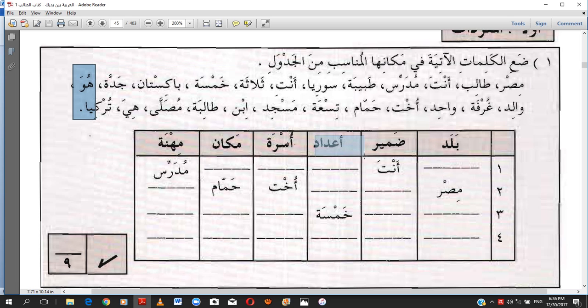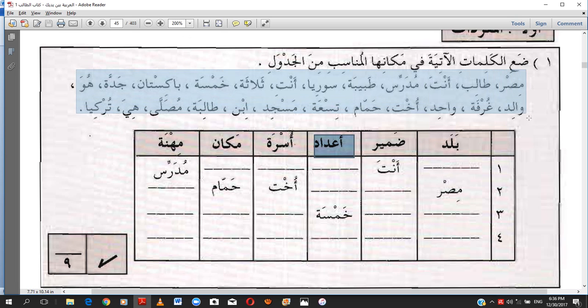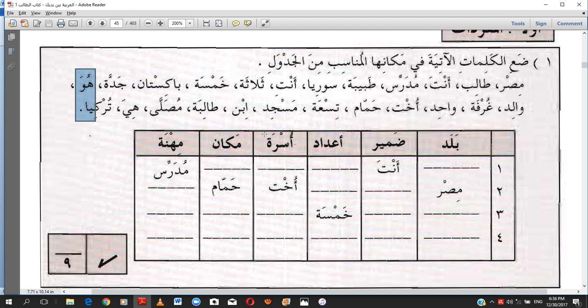The third section was called a'dad, which is numbers. Ahsanti. So all of the words up here that are numbers, we put them in their proper place. The next section is called usra. Ma ma'na usra? Family. So all of the words that had to do with or were related to family, we put them in this row.